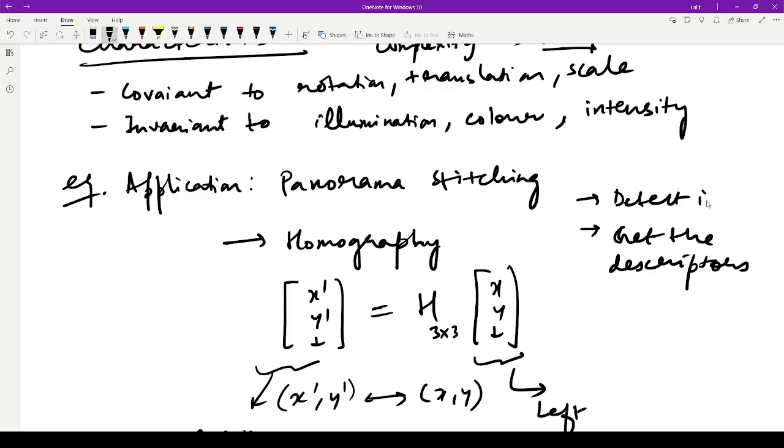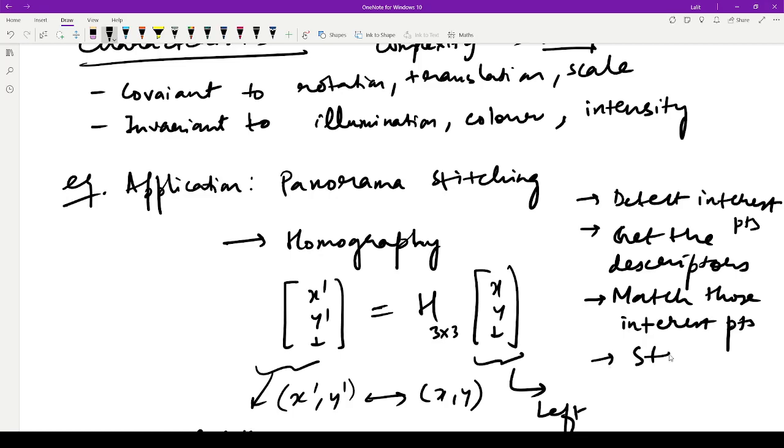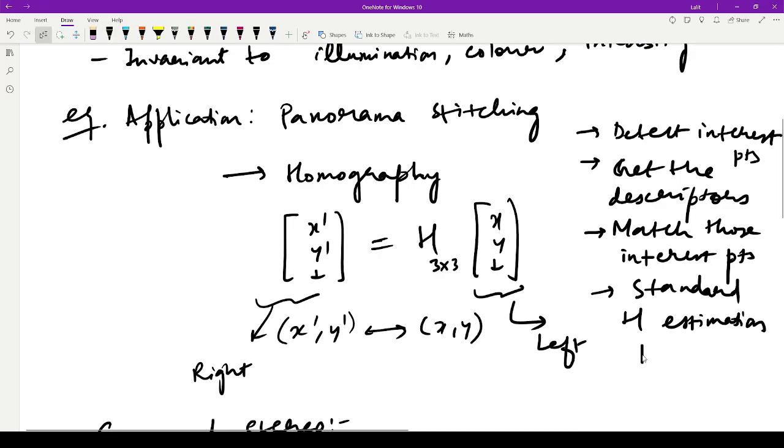Once you have the interest points, get the descriptors, and then you have to match those interest points based on descriptors. Once you match them, you can apply the standard homography estimation technique to get the mapping from left to right.